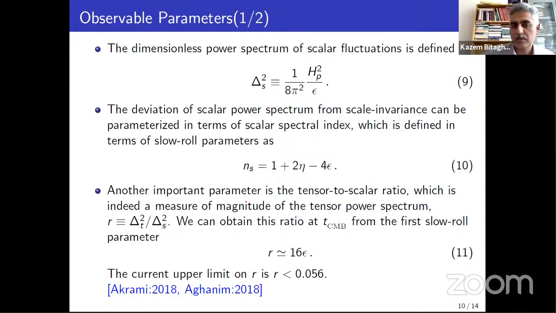Okay, we can obtain this ratio at the CMB time from the first slow roll parameter, and then one gets that r is proportional to 16 times epsilon, and the current upper limit on r is r less than 0.056.